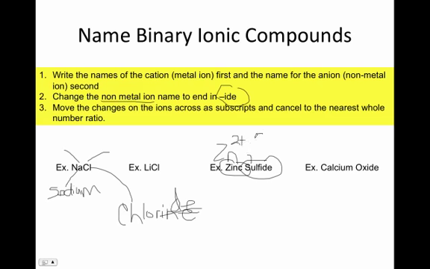Sulfide is a 2-. In order for them to transfer electrons, the charges have to be balanced. This has to equal 0. And so we can just write ZnS. That would be solid because all ionic substances are solid at room temperature.